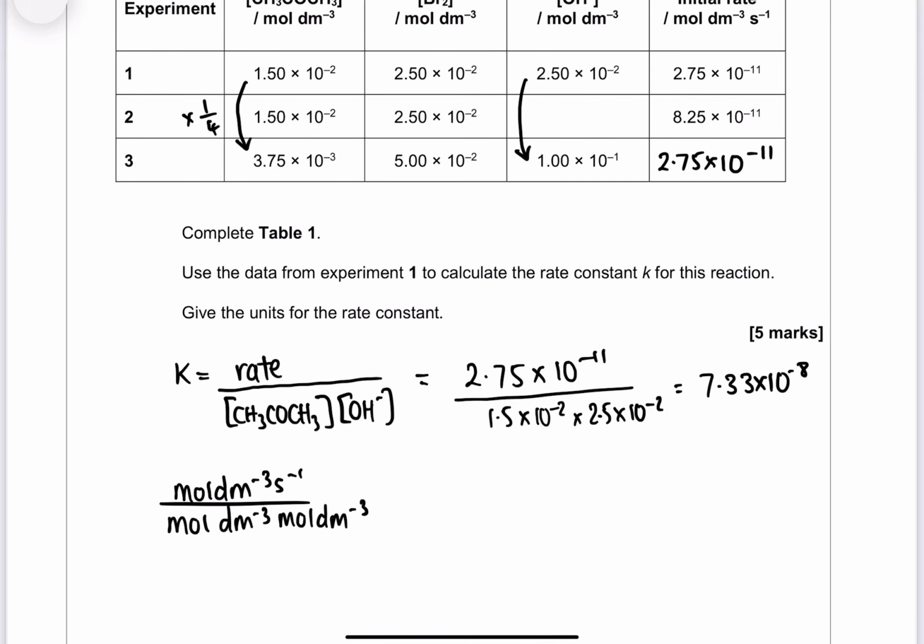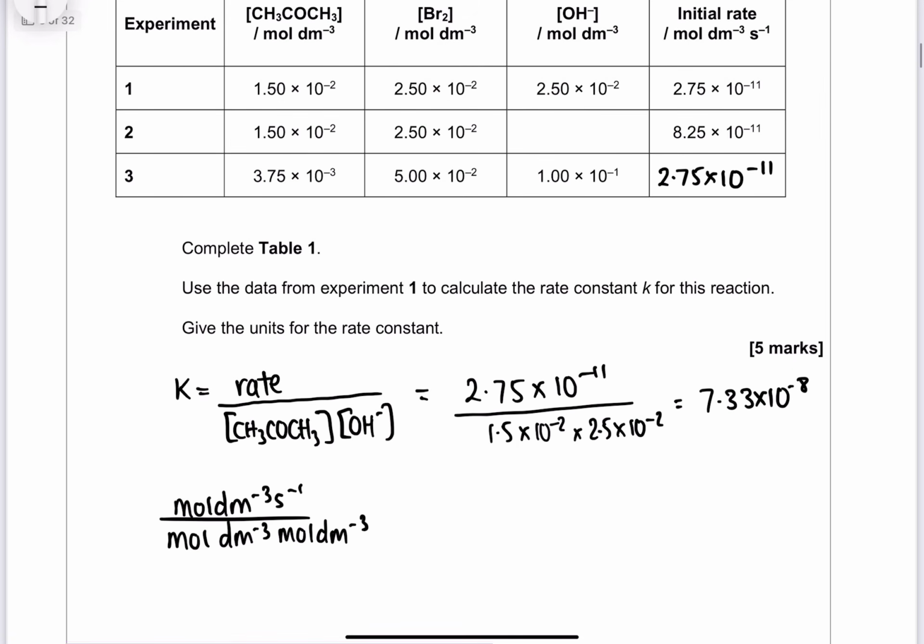Then the other change: 1 times 10 to the minus 1 divided by 2.5 times 10 to the minus 2, that's times 4. As they're both first order, these two effects cancel out. So times by a quarter and then times by 4, it becomes the same number, which is why the value for the rate is the same in experiment 3. So you could do it either way.